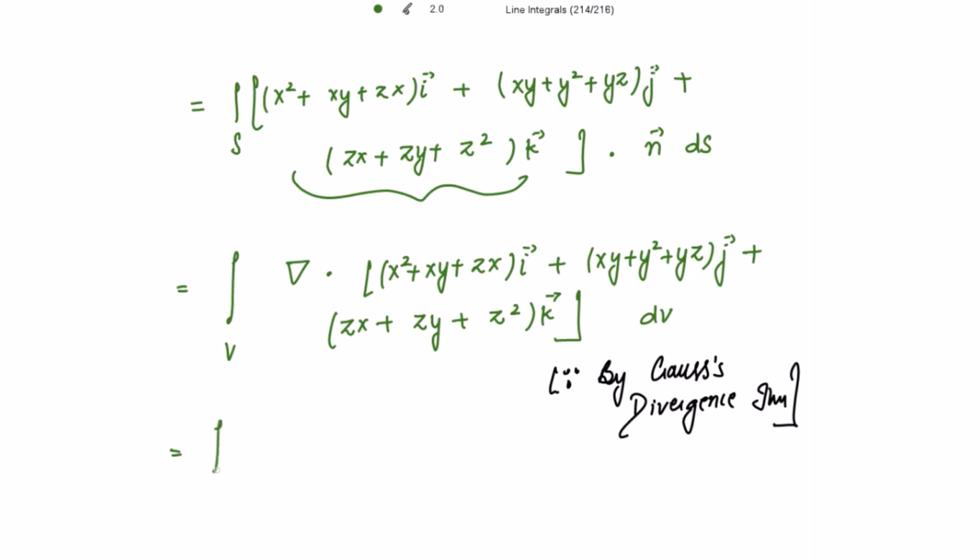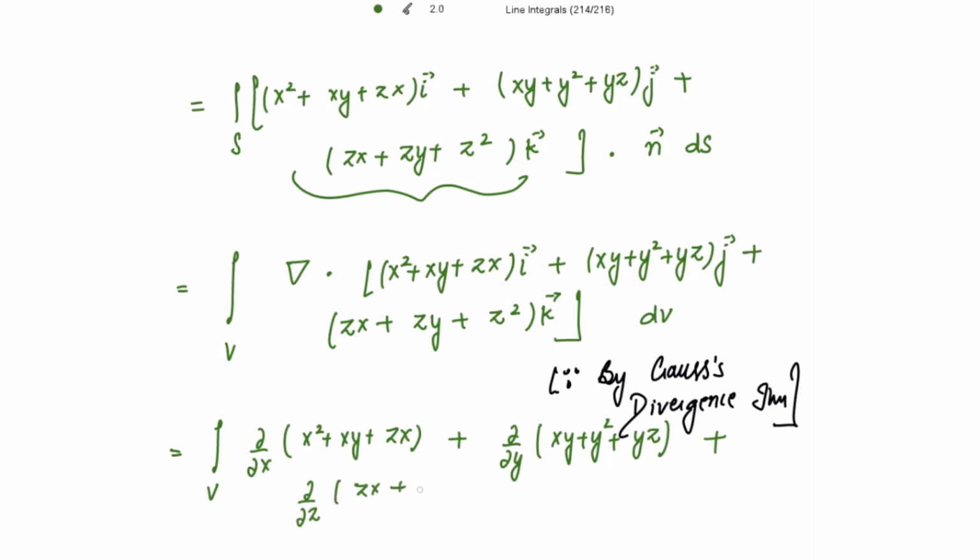So that is equal to the volume integral of ∂/∂x of (x square plus xy plus zx) plus ∂/∂y of (xy plus y square plus yz) plus ∂/∂z of (zx plus zy plus z square) dV. So ∂/∂x of (x square plus xy plus zx) is 2x plus y plus z.